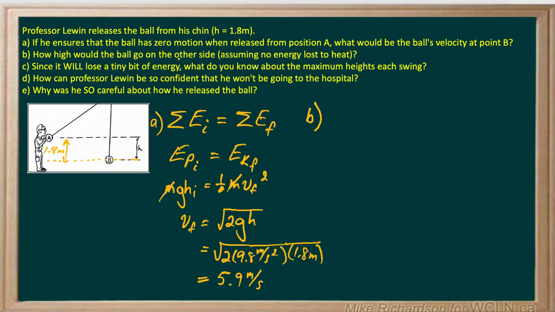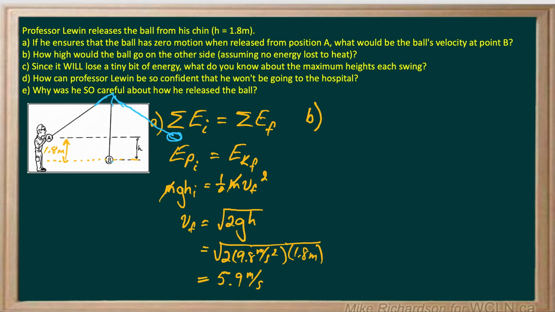How high would the ball go on the other side? So if there's no energy lost at all to heat or sound or anything, if there's no losses, all we're dealing with is kinetic and potential. By the time that ball reaches the other side, it will just keep its pendulum motion and end up exactly symmetrically 1.8 meters above on this side.